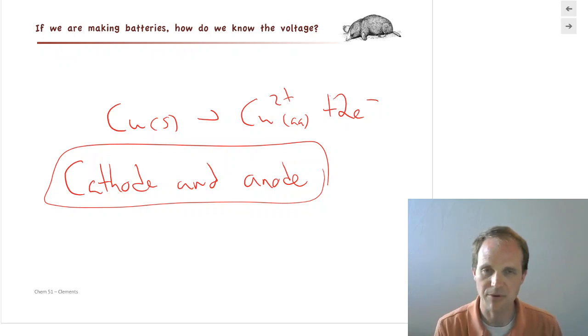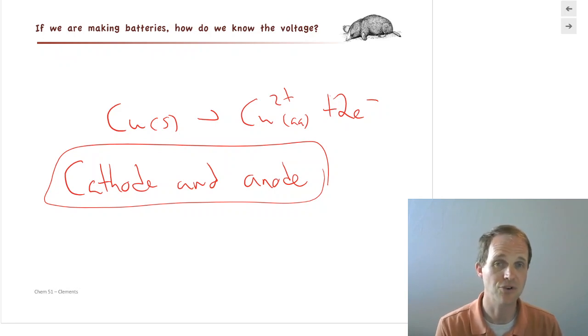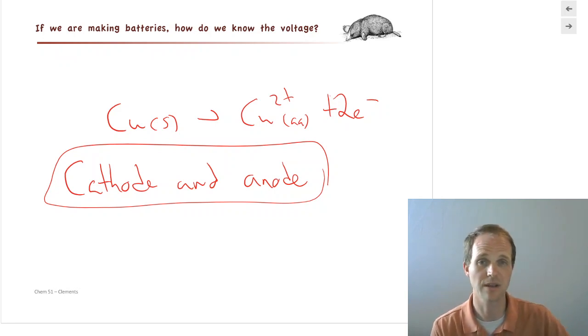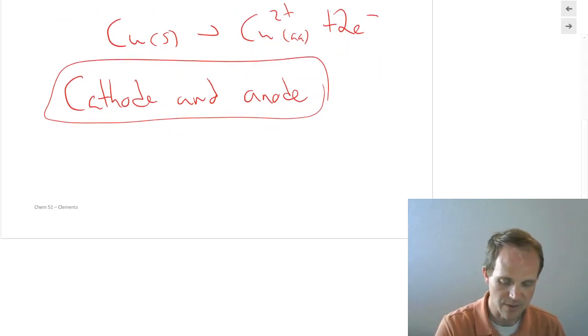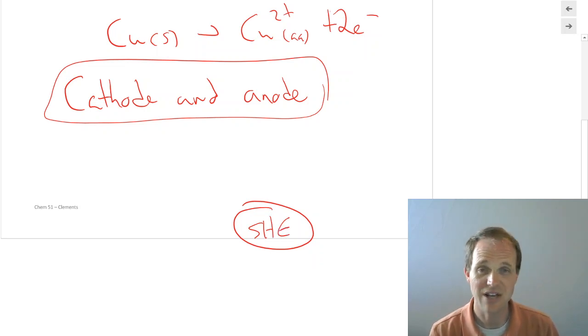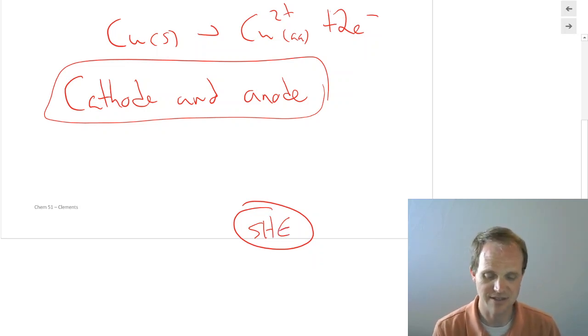But the important thing to remember is that these cell potentials that we're doing are always a comparison. I can't just say, here's how much energy copper creates. I say, here's how much energy copper creates when it's paired with something. And what we do is we always pick the same thing to pair it with, which is what's called the standard hydrogen electrode. We'll get into the details of that in a moment.